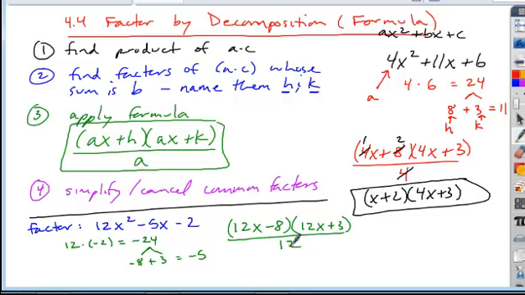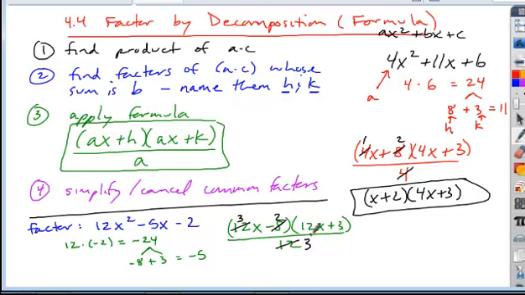So even though 12 can't go into both of these completely, a factor of 12 can, right? So between 12x and -8, what common factor can cancel from both of those? 4, right? So if I take a 4 out of 12, that leaves 3. 4 goes into this 8 how many times? 2. Now I have this factor of 3 still down here.